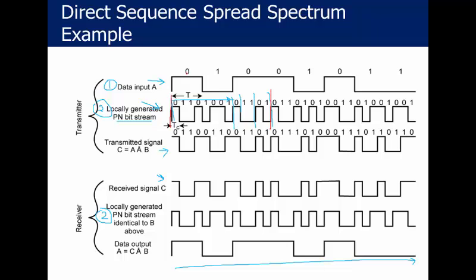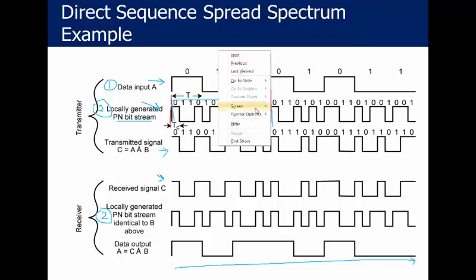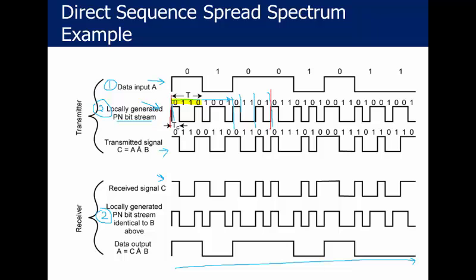If this is the data, this is the code that we are looking at. Let's see, highlight. Let me use this. I'm going to use 4 stream bits. I'm going to spread 0, data 0.